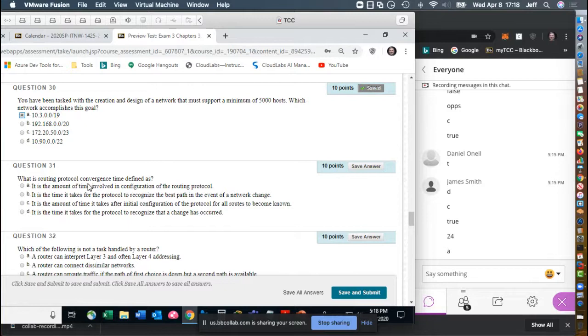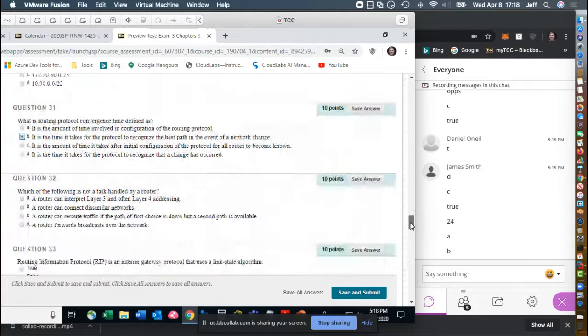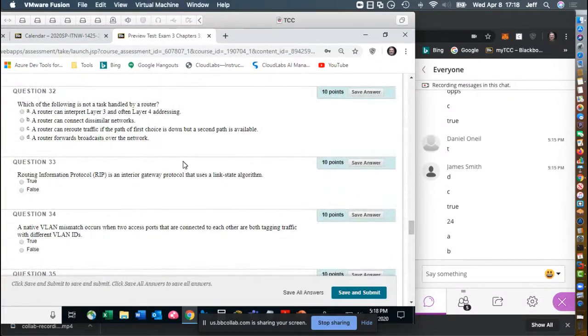All right, what is a routing protocol convergence time defined as? D. Right, it's the time it takes for the protocol to recognize the best path in the event of a network change. That's correct. All right, which of the following is not a task handled by a router?